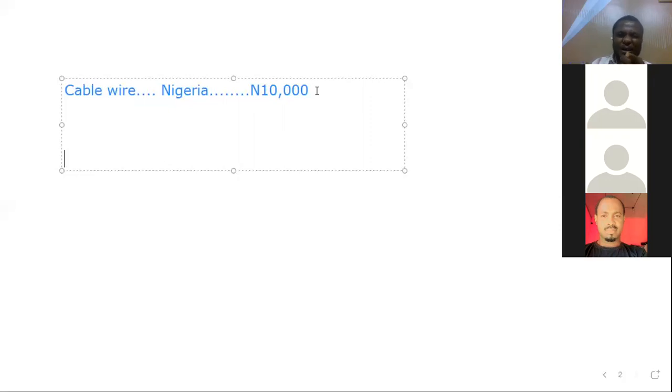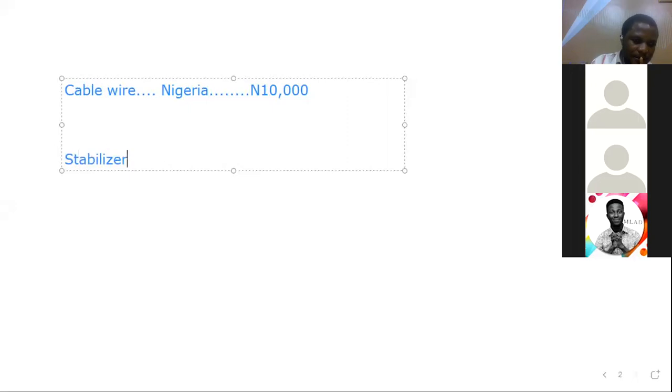Electric bulb is a bit cheaper compared to this cable wire. Let's look at something within that range. Inverter? Extension socket is also cheap. Let's consider stabilizer. Stabilizer is okay.